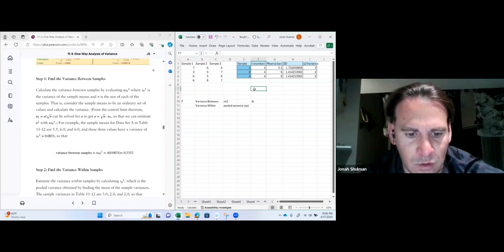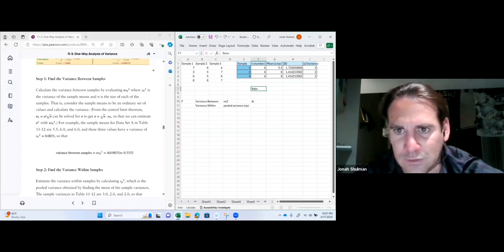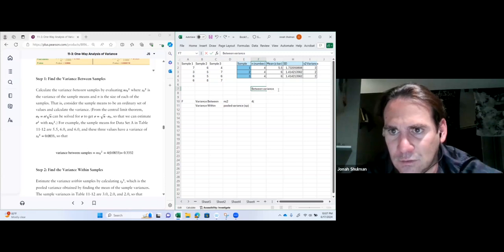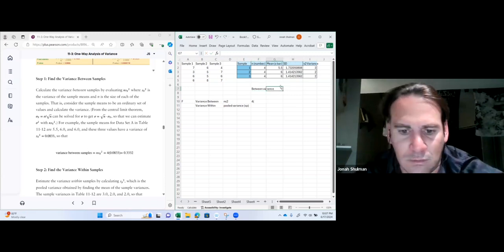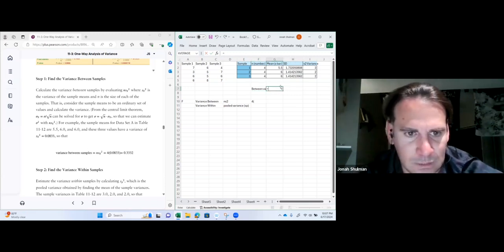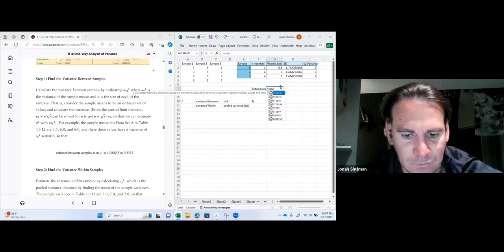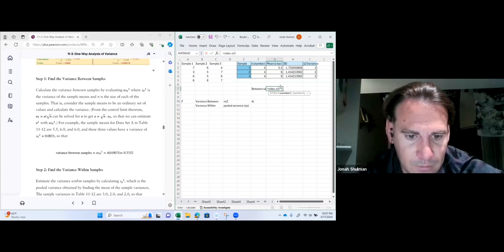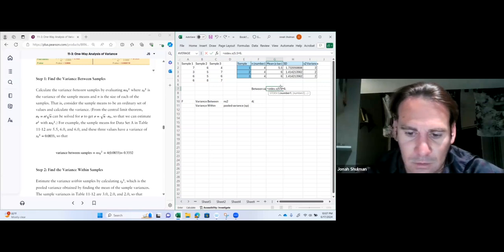So here we go. Our between variance equals standard deviation, STDEV.S of what? Our first mean, which is 5.5, plus our second mean, which is 6.0, plus our third mean, which is 6.0.